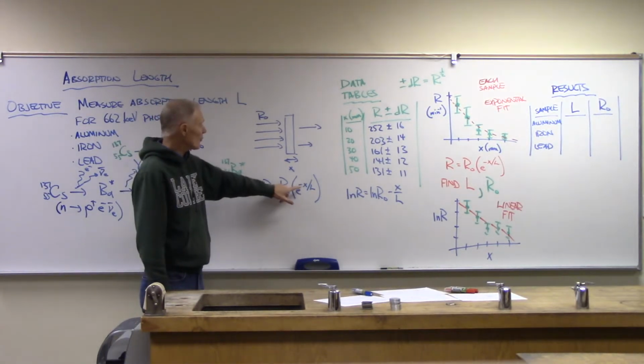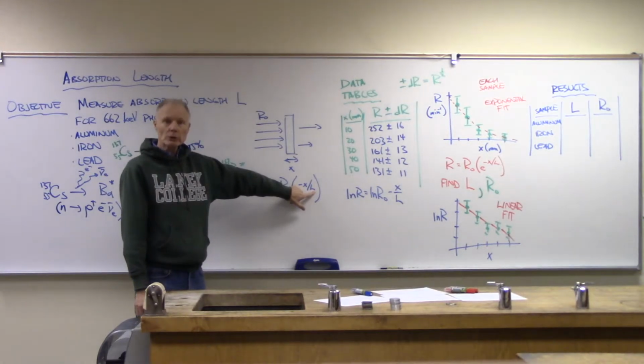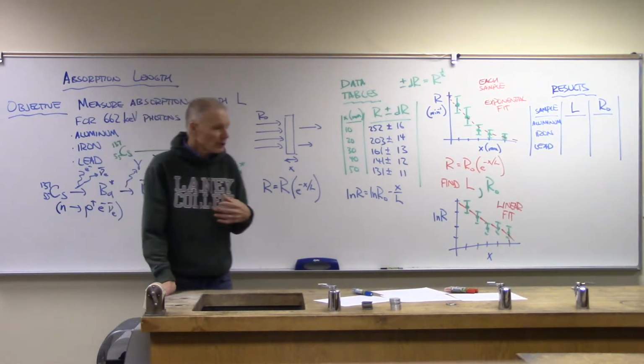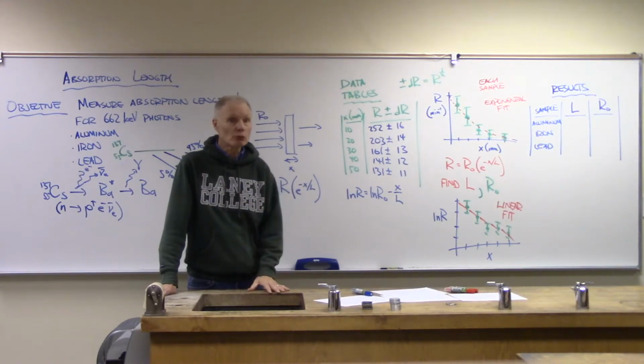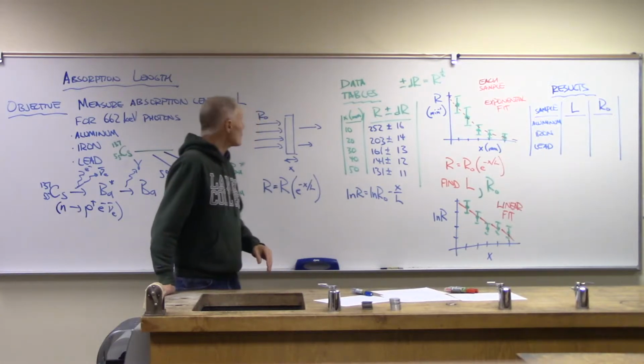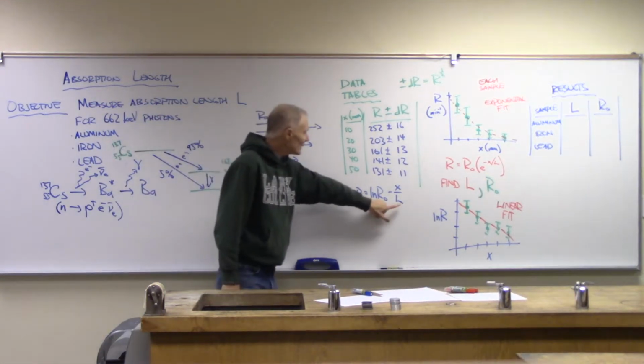But remember, this is thickness of material, and the scaling factor that determines how much material I would need to have the decay rates, or the observed number of decays, drop by a certain factor is referred to as the absorption length. Okay, so that has units of length.